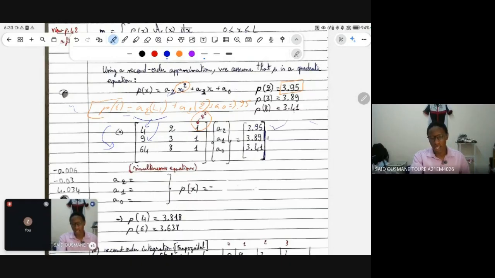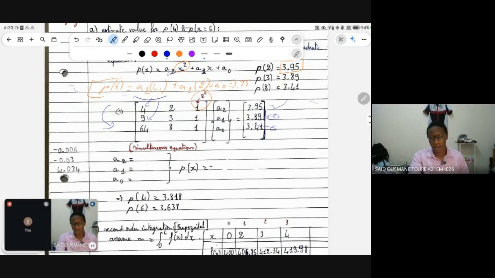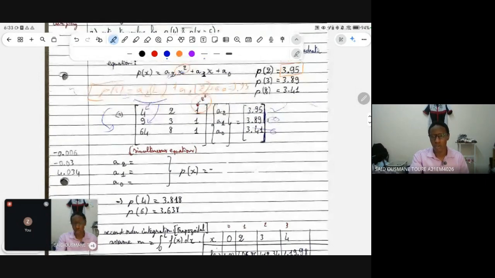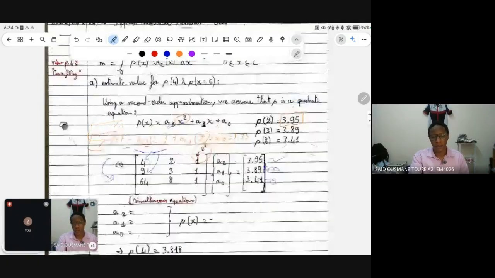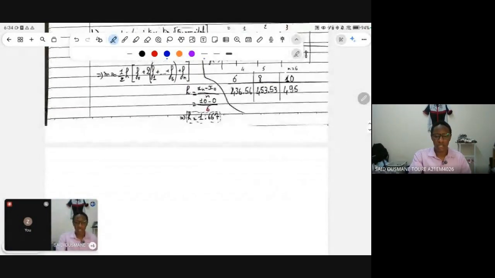Done. Now we want this line and this line. Then you do it, and you produce the equations and get the value. Or do you want me to produce the equations? Okay, I'll show the equations here.